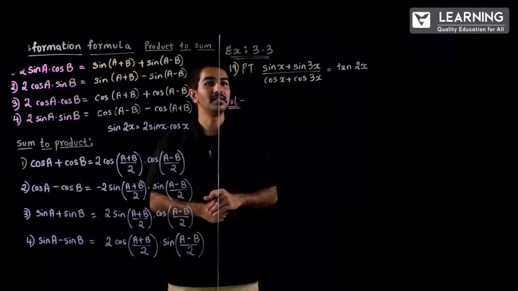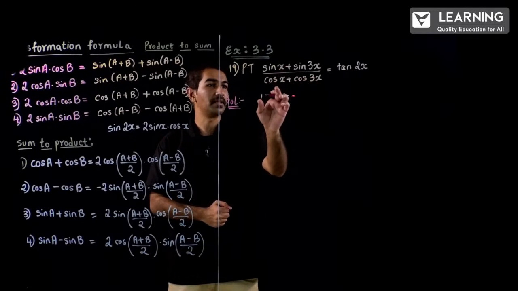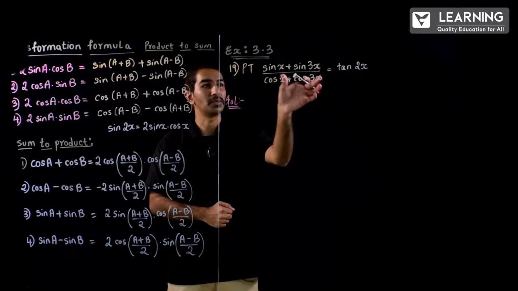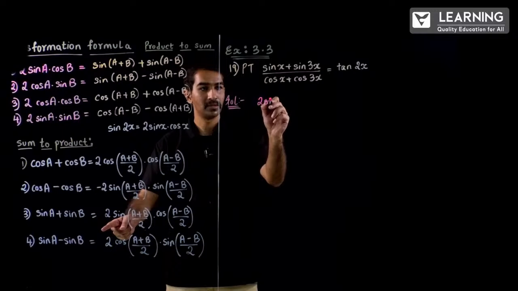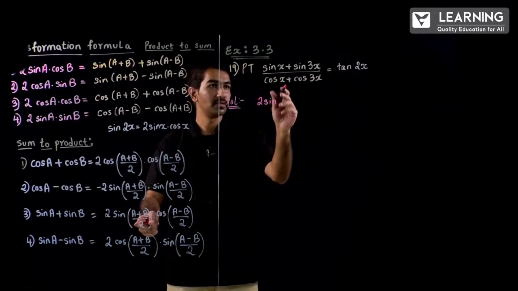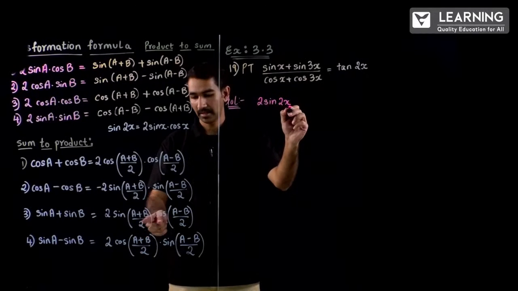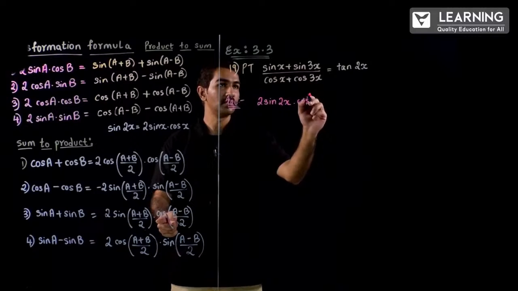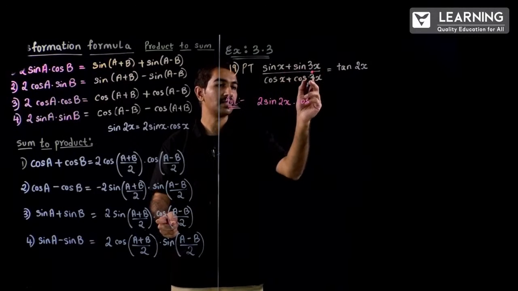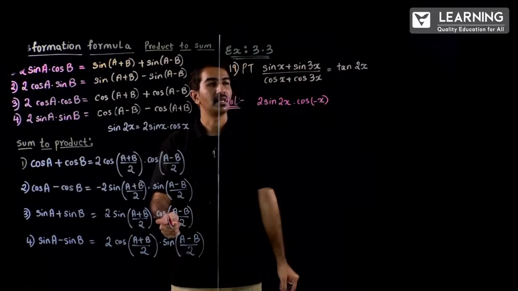So the last question, same old thing: sin x plus sin 3x, the whole divided by cos x plus cos 3x is equal to tan 2x. Sin A plus sin B, 2 sin A plus B by 2, x plus 3x, 4x by 2 is 2x, into cos A minus B by 2, x minus 3x is minus 2x, minus 2x by 2 is minus x, correct?